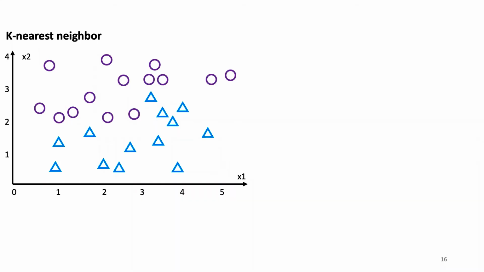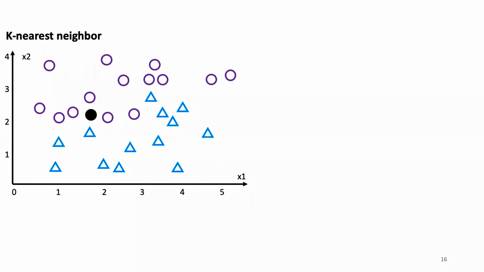In this algorithm, a data point is classified by a majority vote of its neighbors, with the point being assigned to the class most common amongst its k nearest neighbors, measured by a distance function.